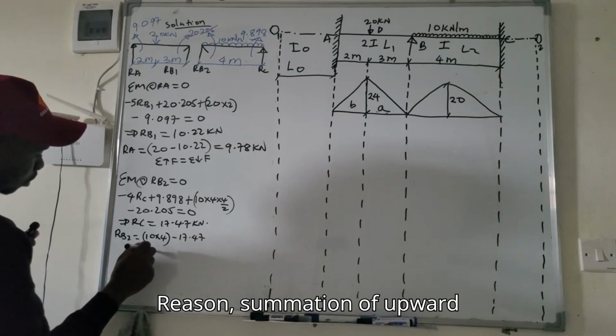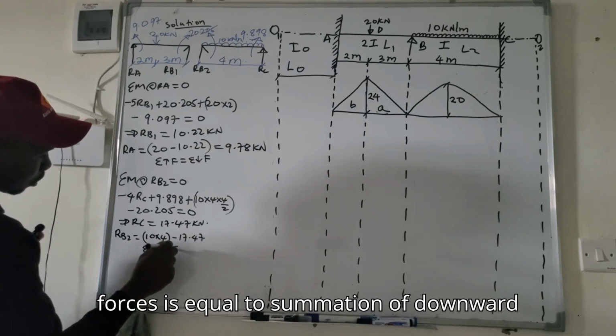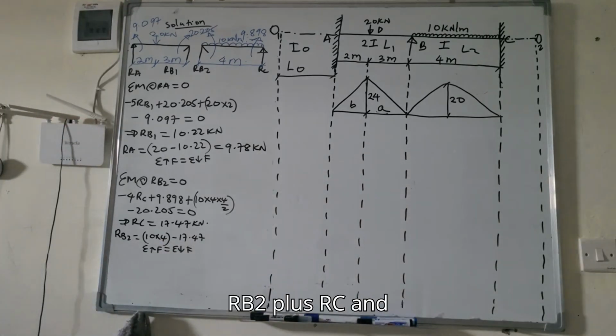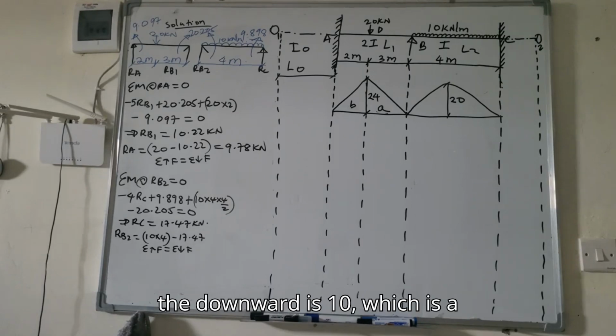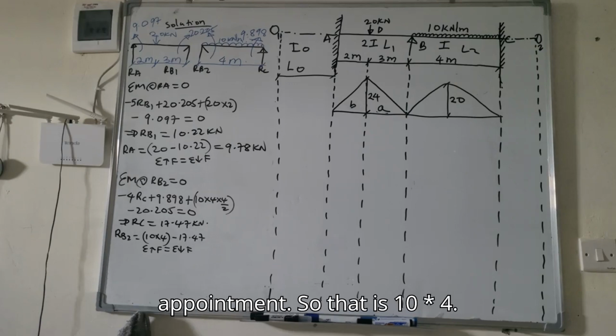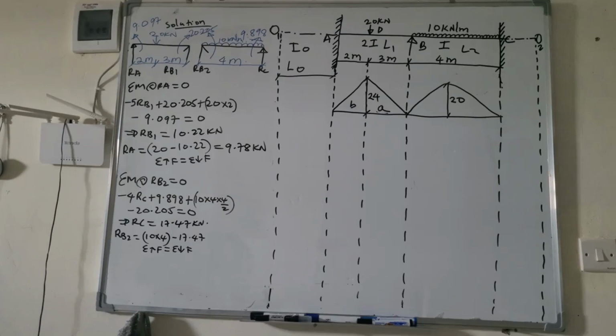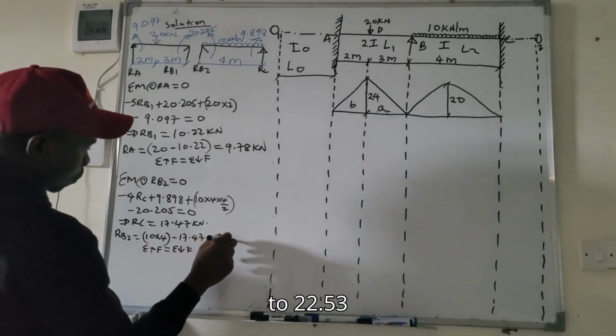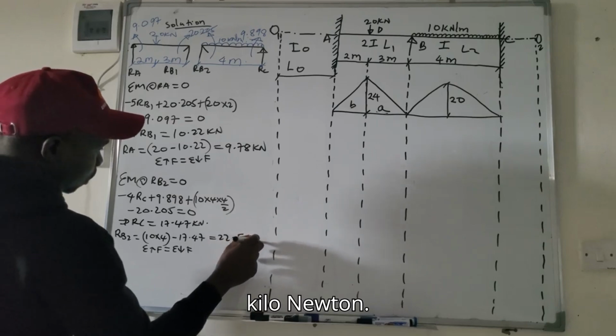Reason, summation of upward forces is equal to summation of downward forces. So upward forces is RB2 plus RC, and the downward is 10, which is a UDL. You multiply by 4 to make it a point load, so that is 10 times 4. So RB2 is equal to 22.53 kilonewton.